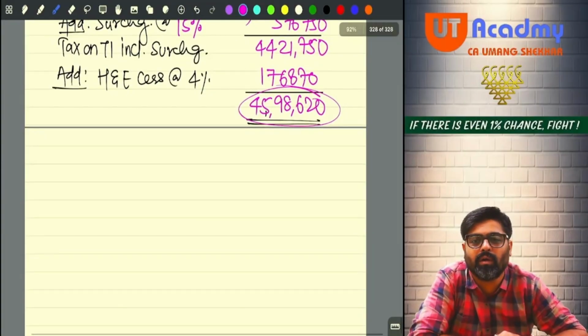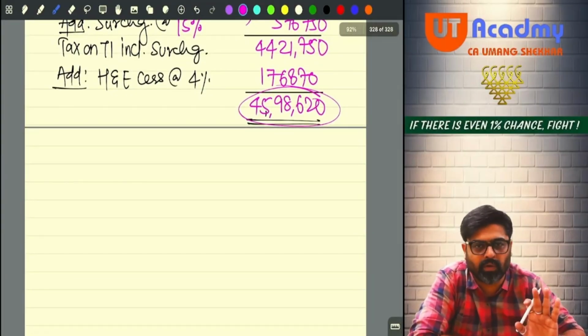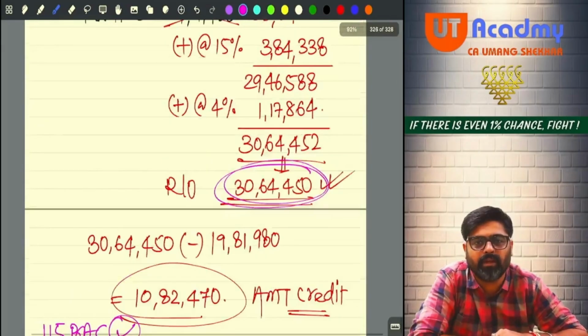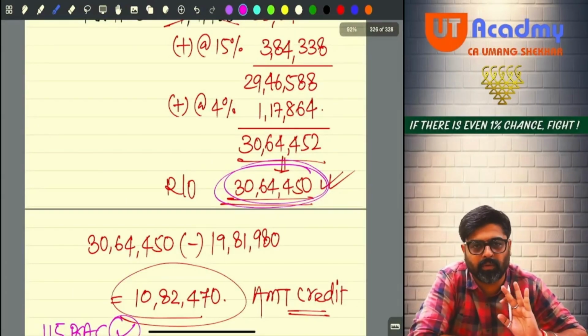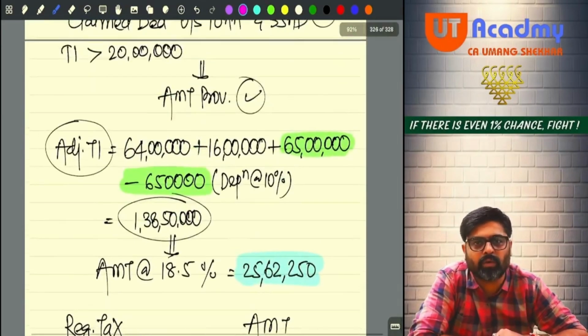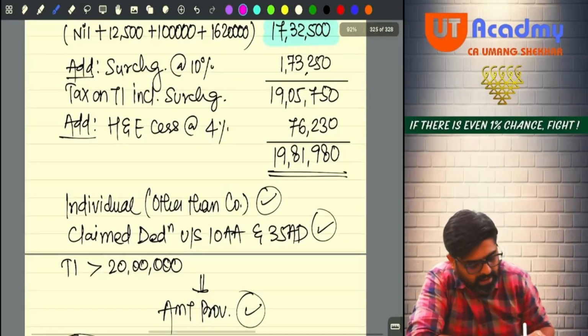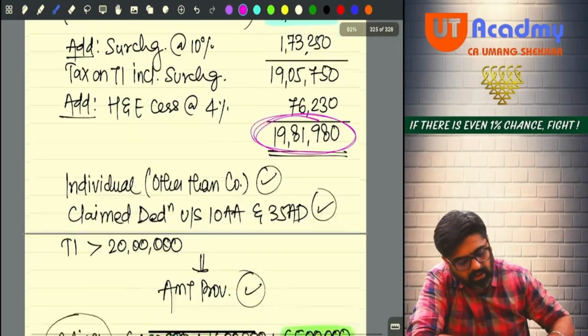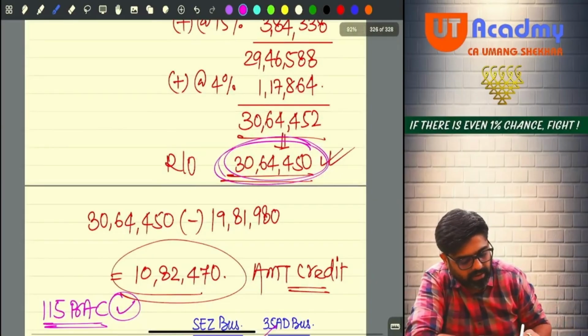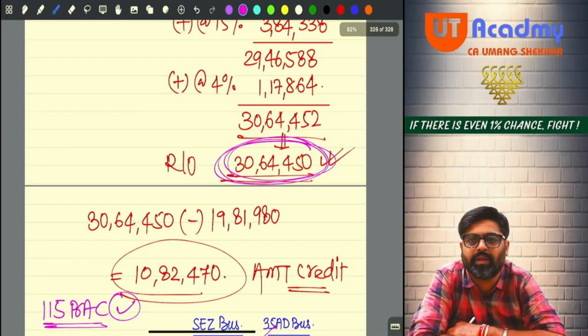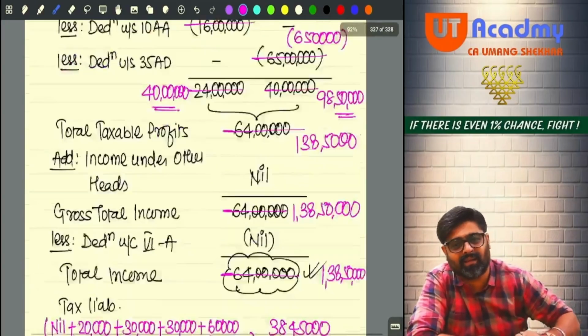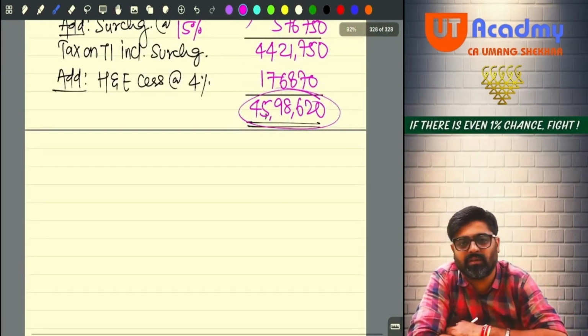So if you don't follow 115BSC, the government is going to take AMT from you. The government is not going to take 19,81,980. The government is going to take 30,64,450 from you. Yes or no? But that is still lower than 45 lakhs.